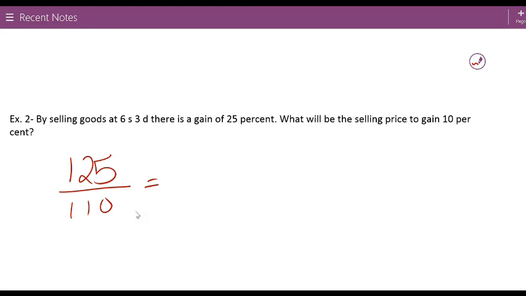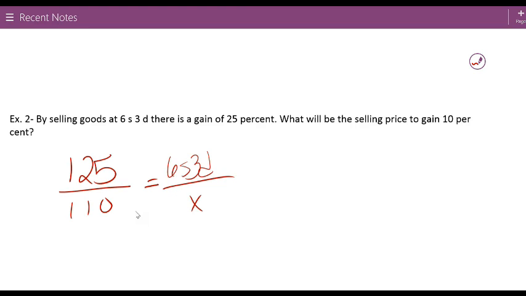So 125% compared to 110% equals 6 shillings 3 pence over our new price.